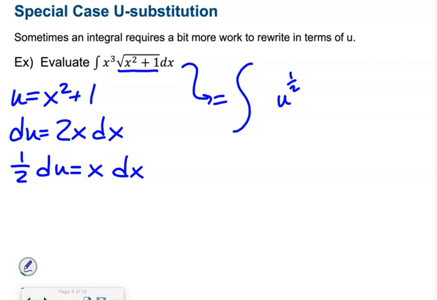All right. Now, I have an x and a dx that equals 1/2 du. So this x cubed, I have to break it up and think of it as x squared times x. If I think of it as x squared times x, then one of these x's and this dx can be equated to 1/2 du.